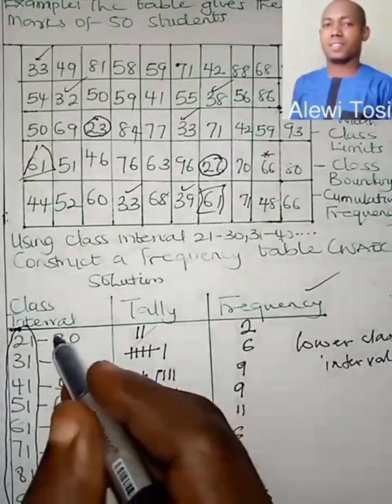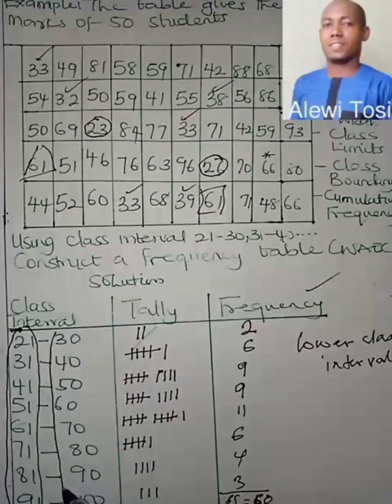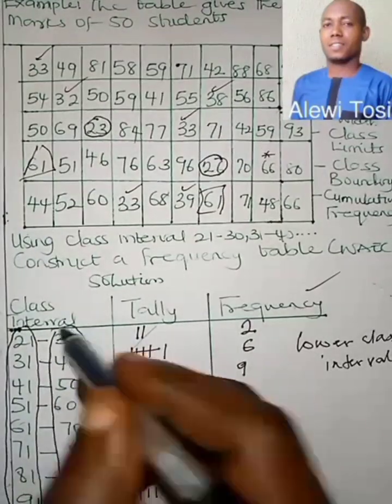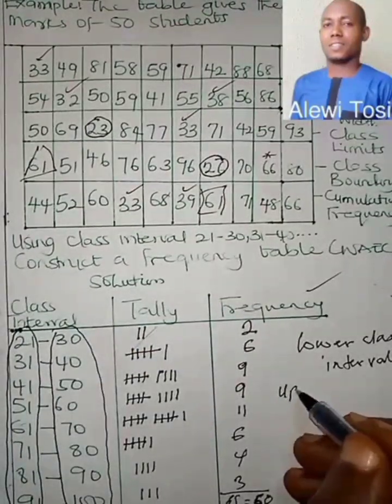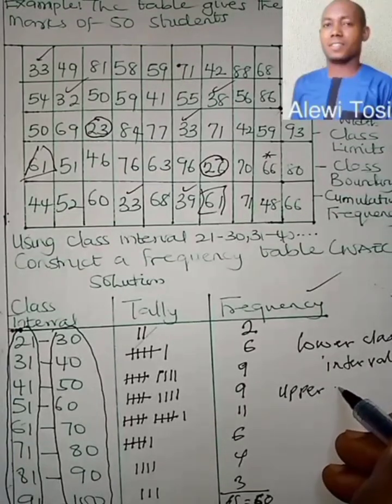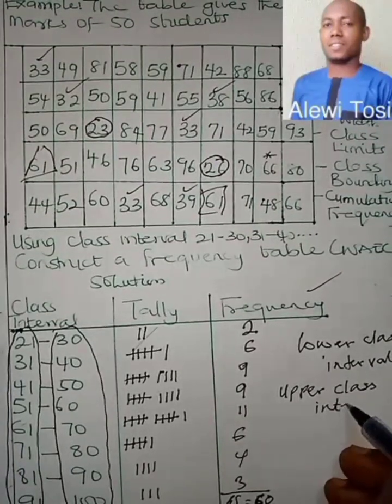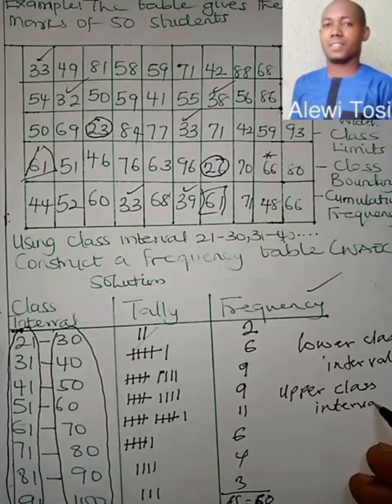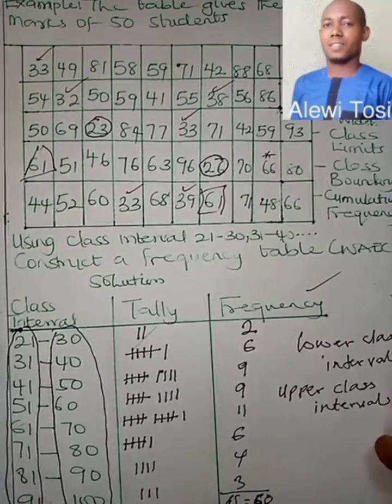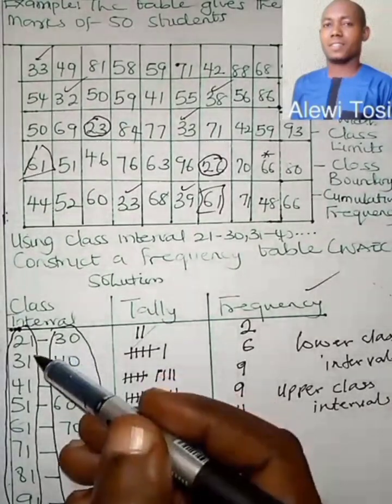And we call this the upper class interval. Upper class intervals, so we call this upper class intervals.